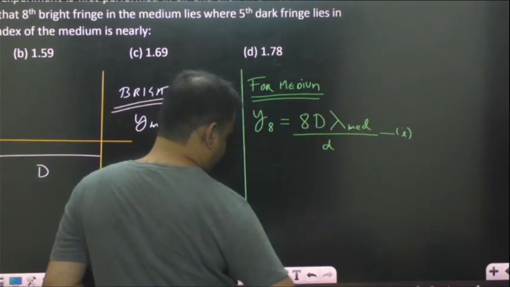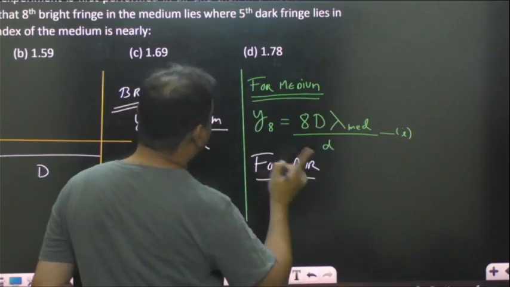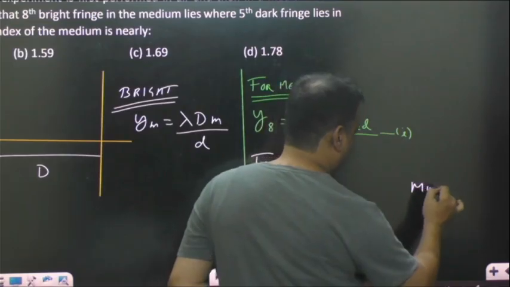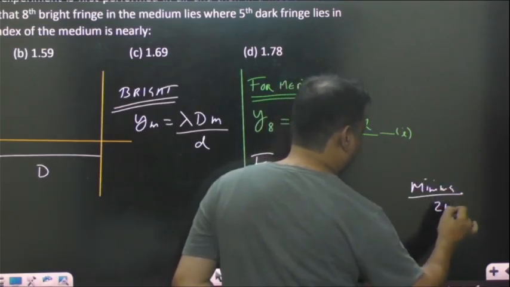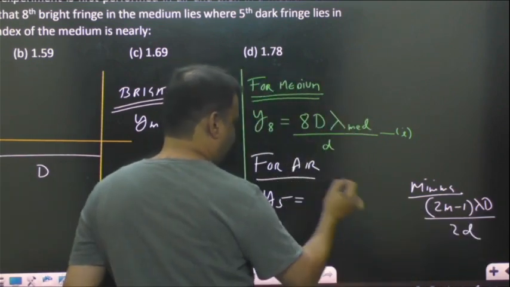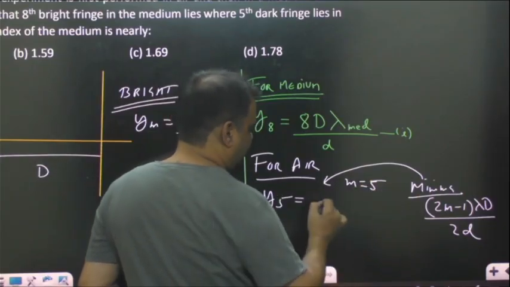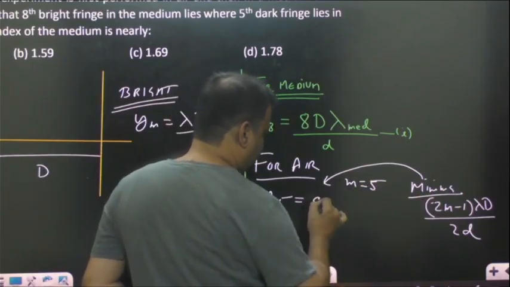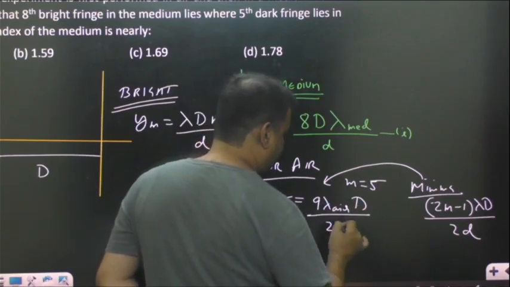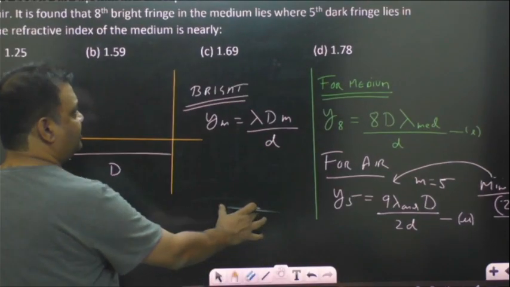And for air, it's the 5th dark fringe. So dark fringe has the formula: for mth dark fringe we have (2m minus 1) lambda capital D by 2d. So we will apply this formula and m will be 5. So 2 into 5 is 10, minus 1, 9 lambda of air capital D by 2d, isn't it? So this will be the position of the 5th dark fringe in air.